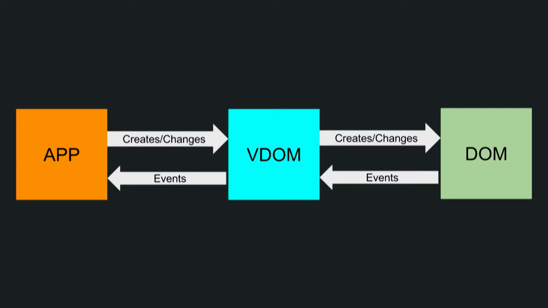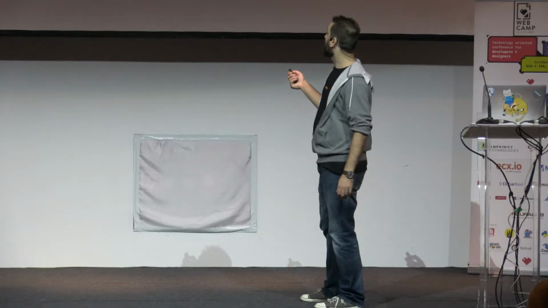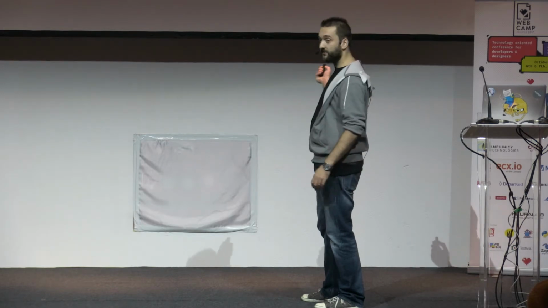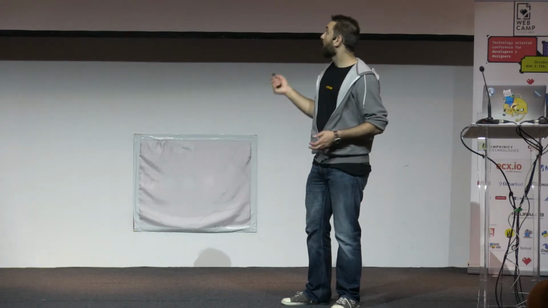How? We're going to introduce a layer between them, which the application directly interacts with. And this layer interacts with the DOM. So as far as the application is concerned, nothing changes. But this part here is the one that's responsible for making any changes. For that reason, we have to introduce something called virtual DOM. Virtual DOM is an in-memory structure of the DOM. So it's your application, but it's in memory.